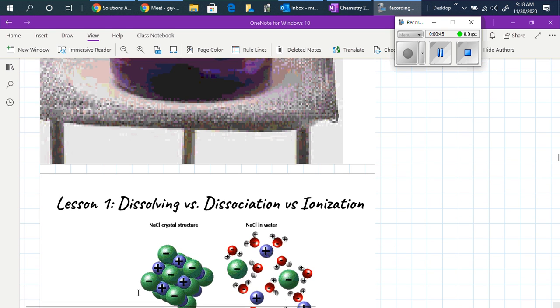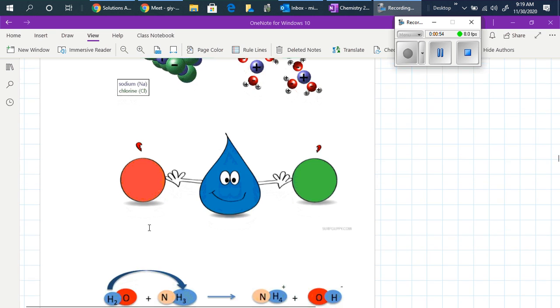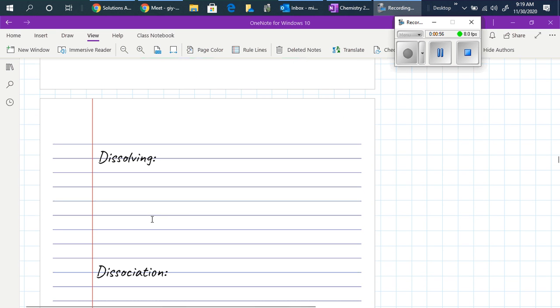Let's start with the first lesson, that is dissolving, dissociation and ionization. When we are talking about dissolving, what is happening is that intermolecular bonds break.